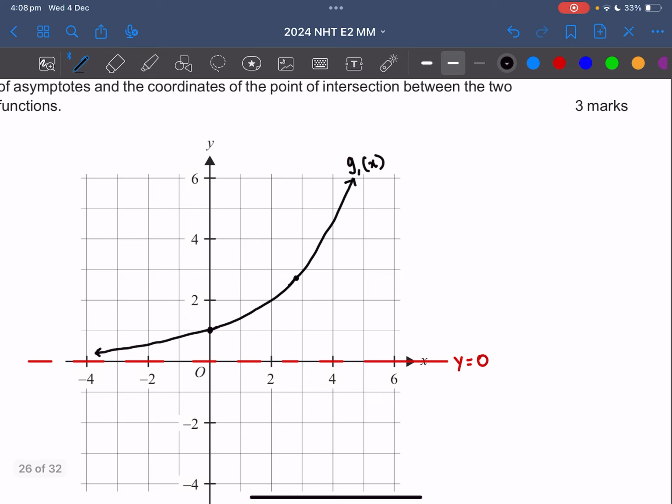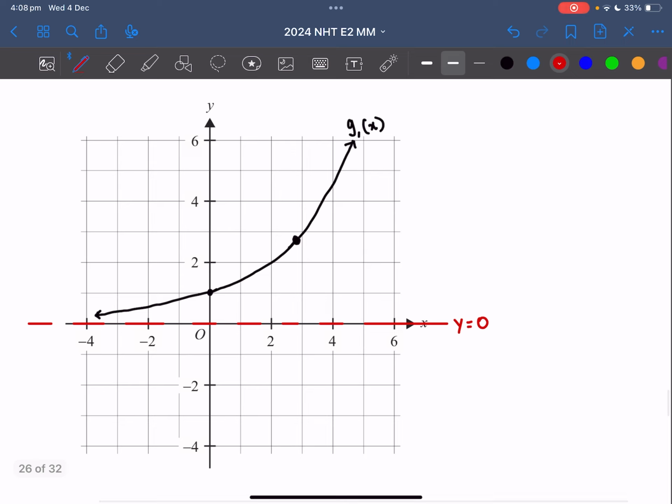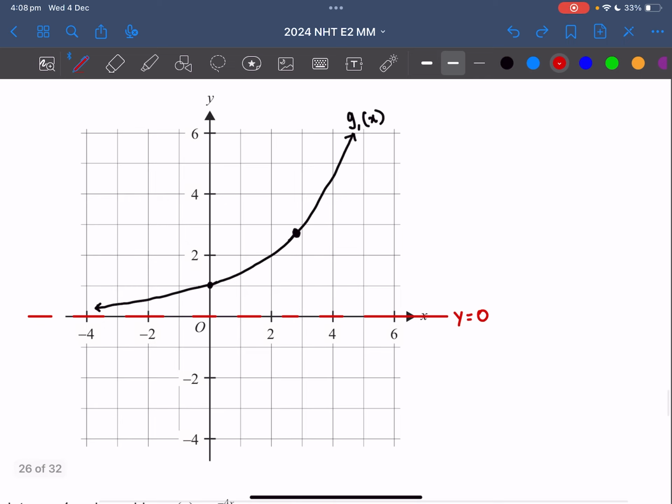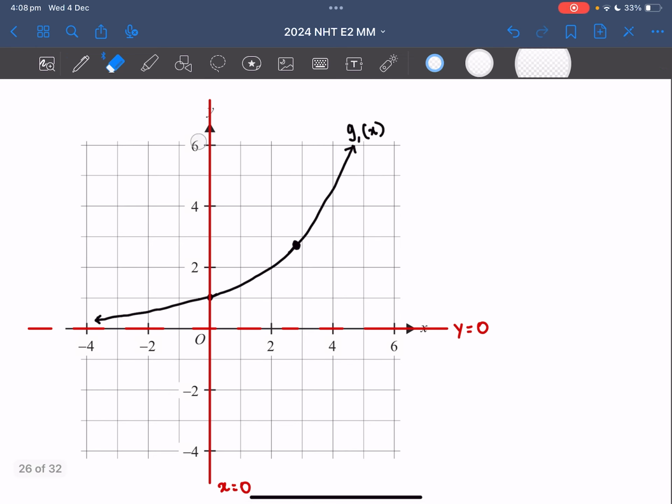We have to remember that this is our intersection point, so it has to pass through that. To draw the inverse, basically the x and y coordinates flip. So if y equals 0 is the asymptote for g1 of x, then the asymptote for g1 inverse of x would be x equals 0. So let's draw that as well. x equals 0, and we have to do the dotted line.